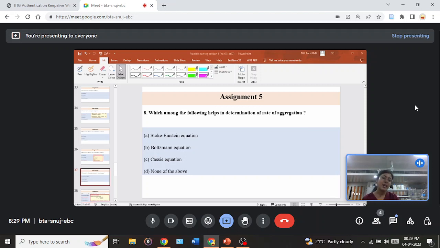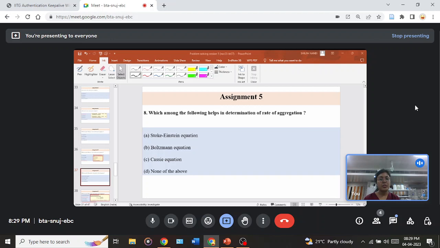So as far as I remember, it had kB. It wasn't K. So kB was a Boltzmann constant. Then we also had your T, that is your absolute temperature. Other than that we had eta, that is the viscosity, and also we had the D. D was your diffusion coefficient, diffusion constant, sorry.